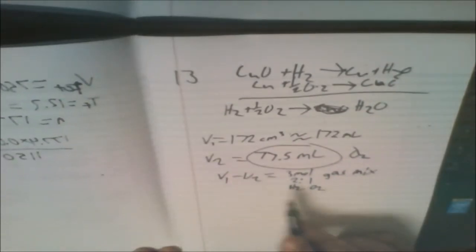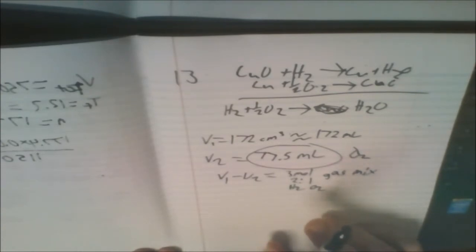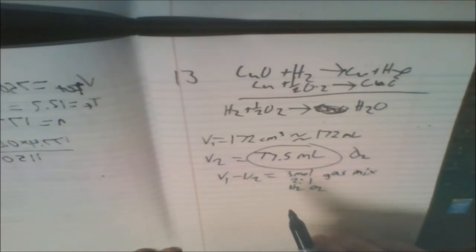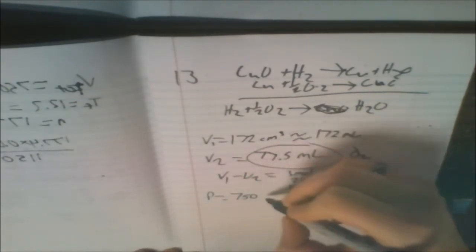Now, if we can figure out how much gas is lost, we can figure out the mixture of each gas. So let's find out how many moles of gas we started with and how many moles of gas we ended with. And from there, we can figure out how much gas was lost, and thus how much we started with in the first place. P is 750 torr.